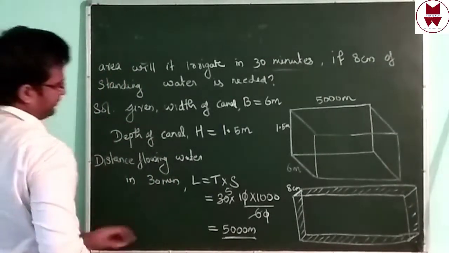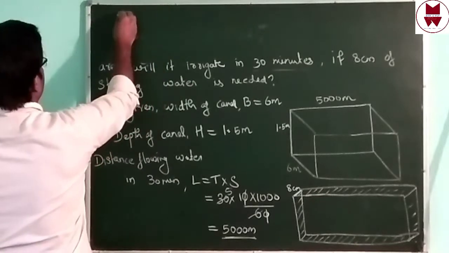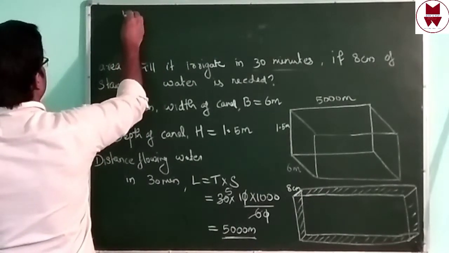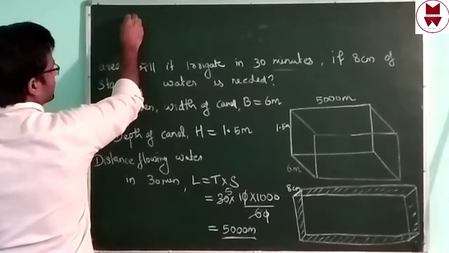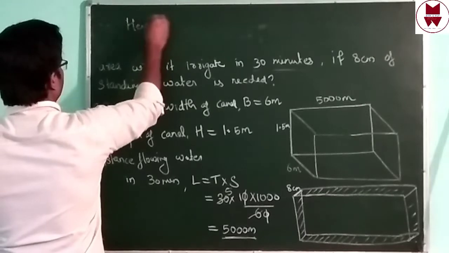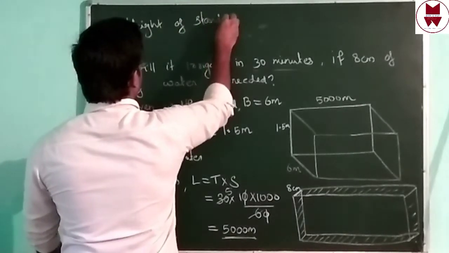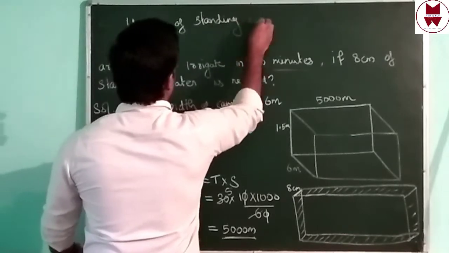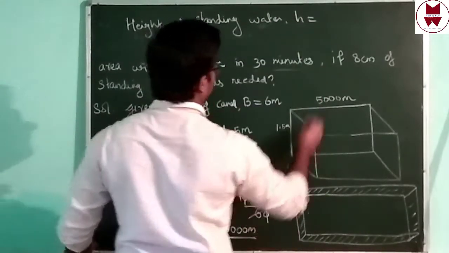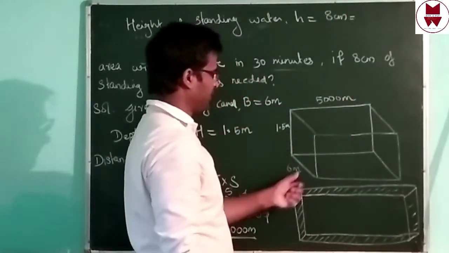So then we can see the field first. Height of standing water, small letter h equal to 8 centimeter. Centimeter also we have to change to meter.